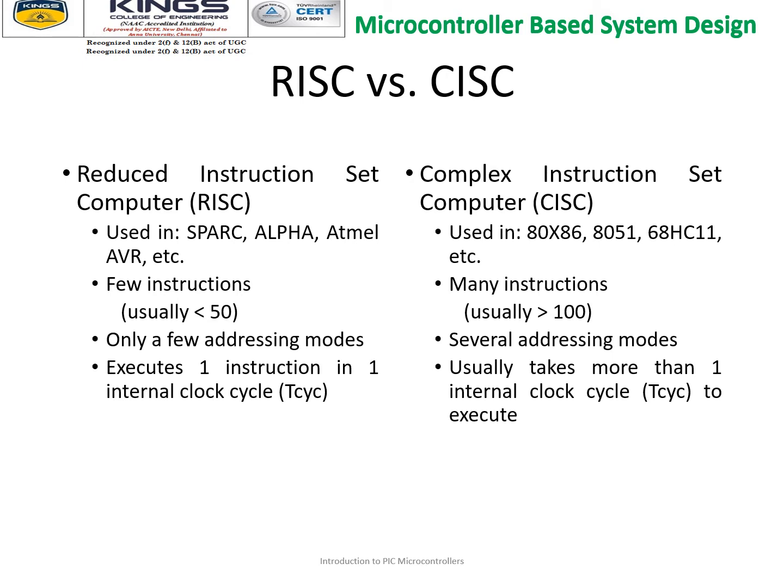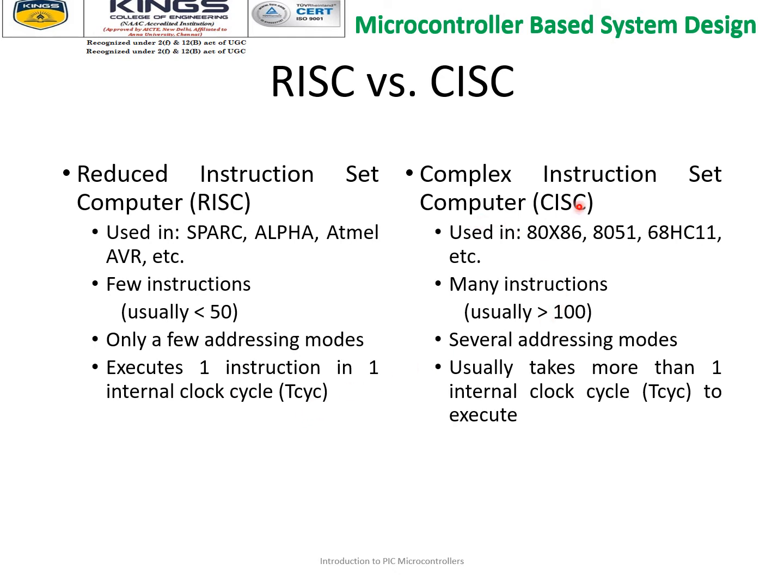So RISC versus CISC. Reduced instruction set computer is RISC. It is mainly used in Spark, Alpha, Atmel AVR, etc. Here the instructions are usually less than 50, and to support these instructions, there are few addressing modes, and each instruction is executed in one internal clock cycle, usually known as T cycle.